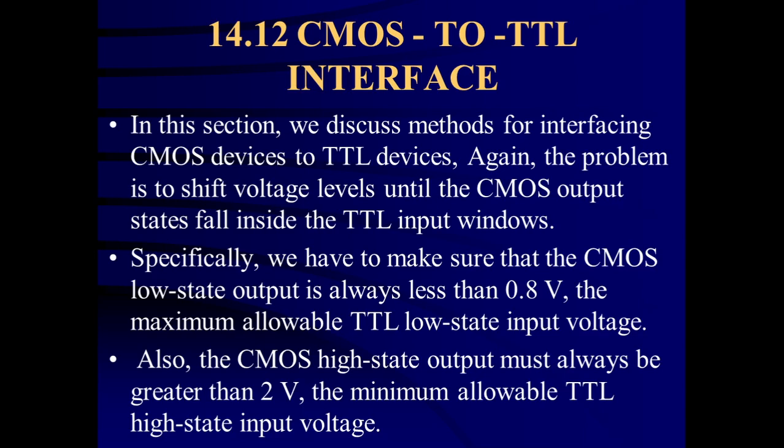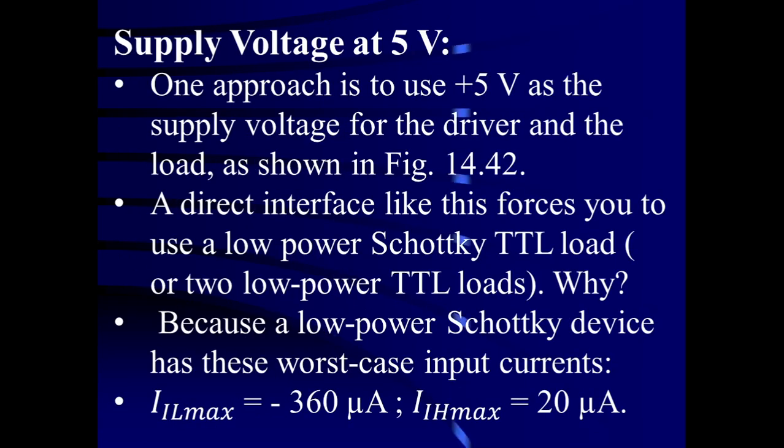Specifically, we have to make sure that the CMOS low state output is always less than 0.8 volt, the maximum allowable TTL low state input voltage. Also, the CMOS high state output voltage must always be greater than 2 volt, the minimum allowable TTL high state input voltage. Moreover, we have to consider the current also.